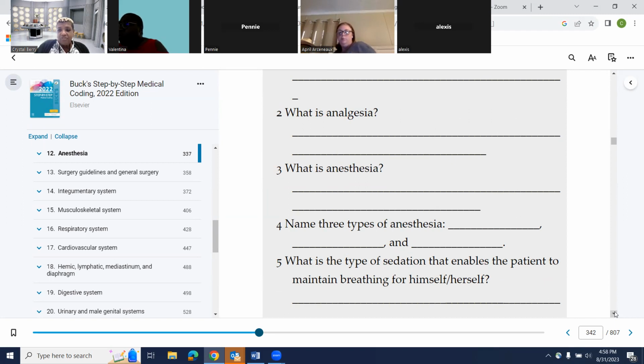What is the type of sedation that enables the patient to maintain breathing for himself or herself?